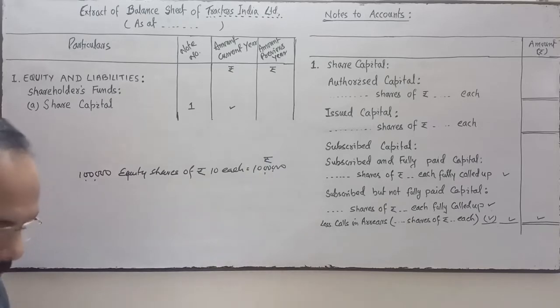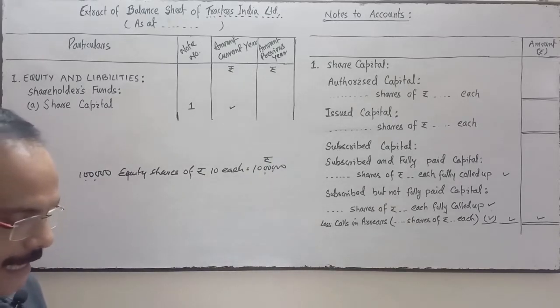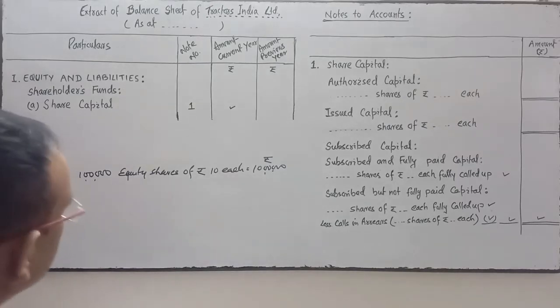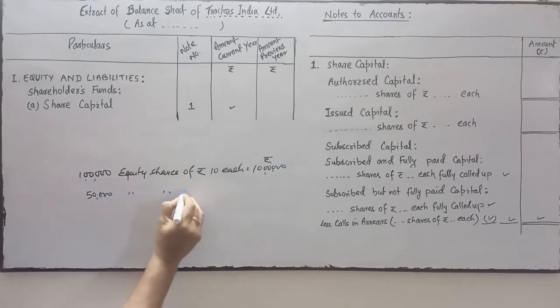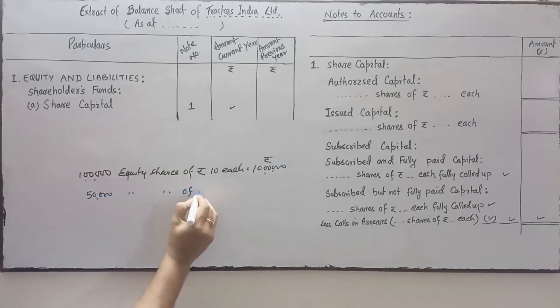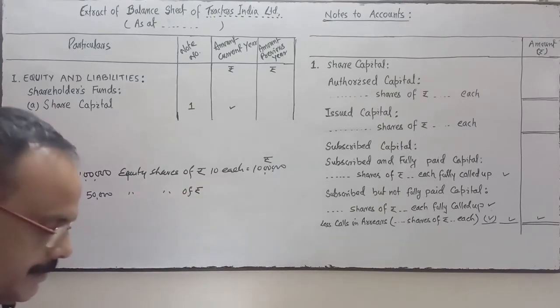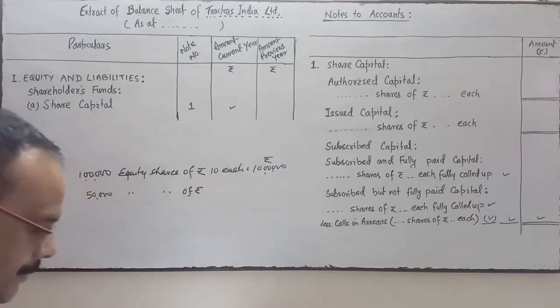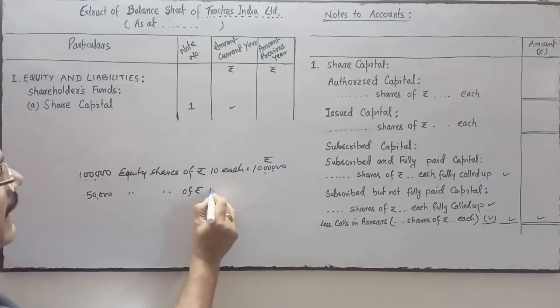Okay. Company issued 50,000 equity shares at a premium of rupees 5. Company issued 50,000 equity shares of rupees 10 each.